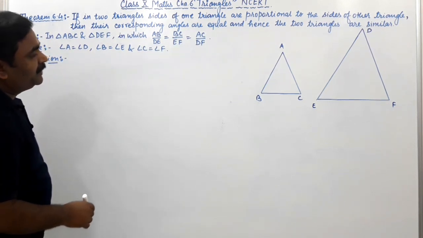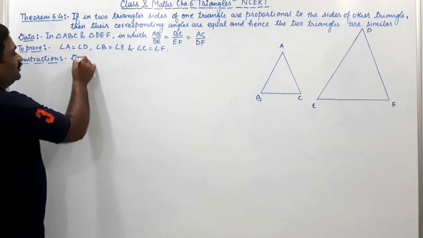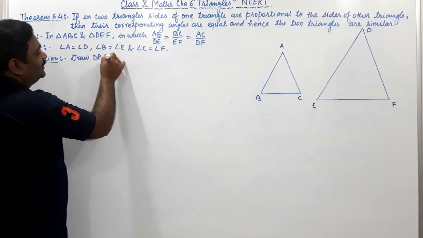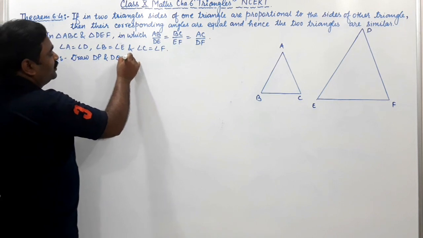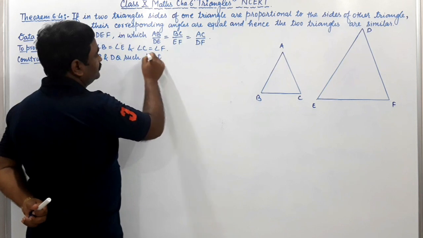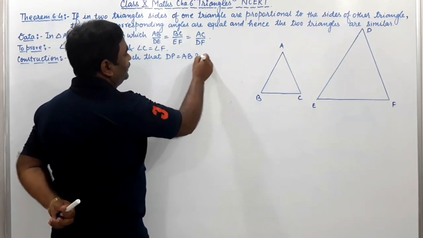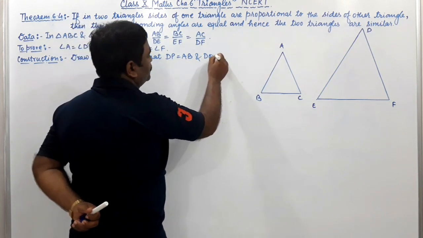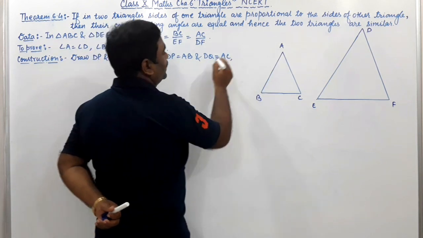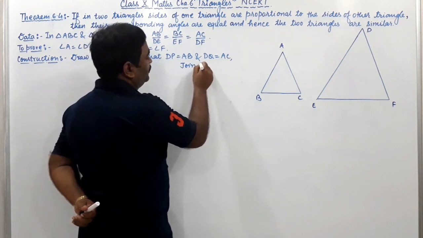Draw DP and DQ such that DP is equal to AB and DQ is equal to AC, then join PQ also.